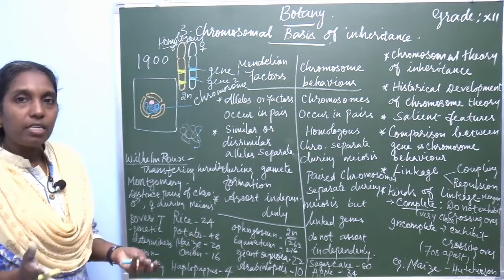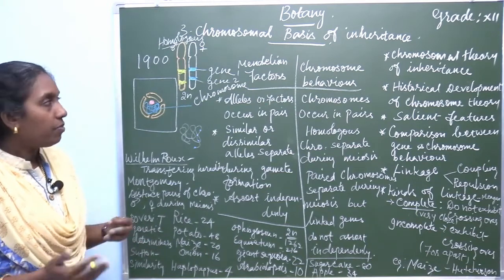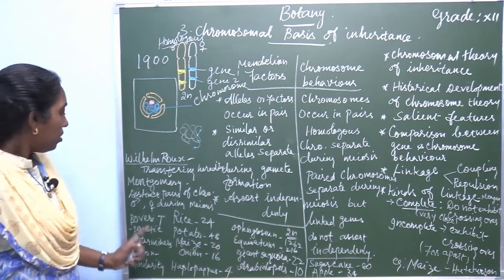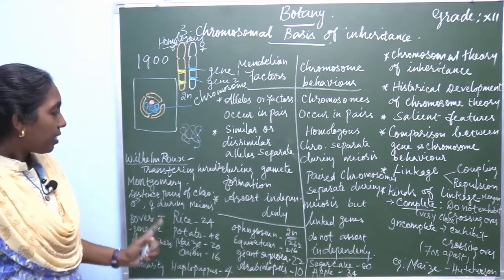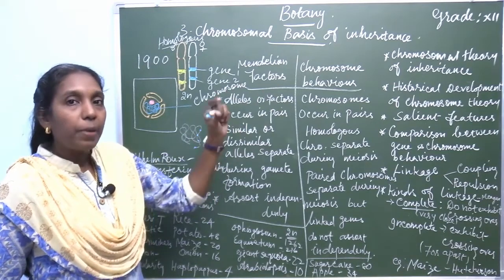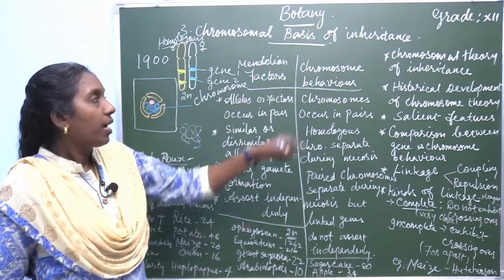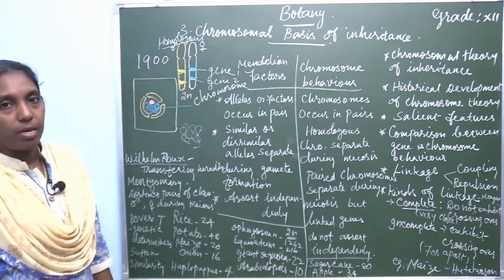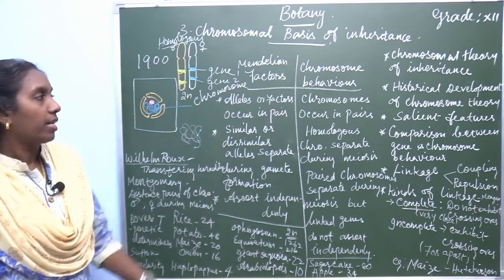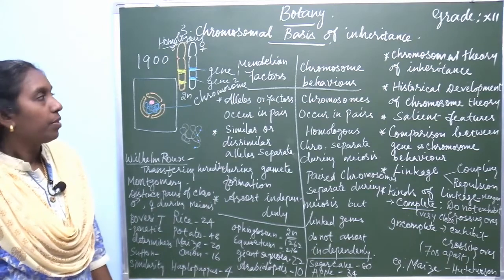There is a parallelism between Mendelian factors and chromosome behavior. Sutton and Boveri suggested this comparison. What is the comparison between these Mendelian factors and chromosome behavior?